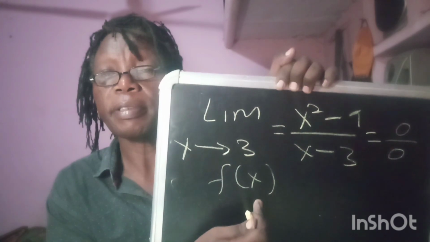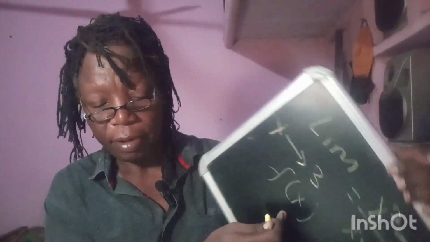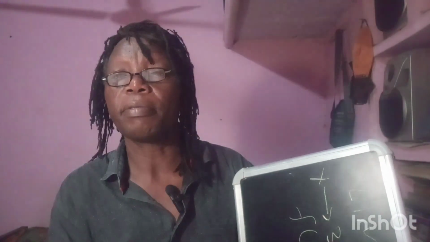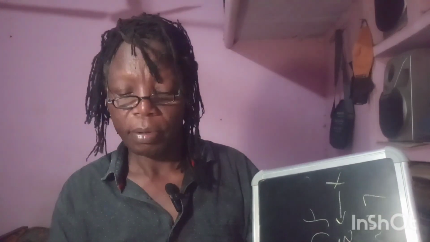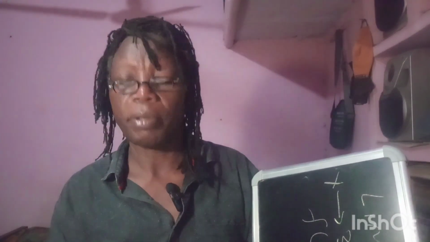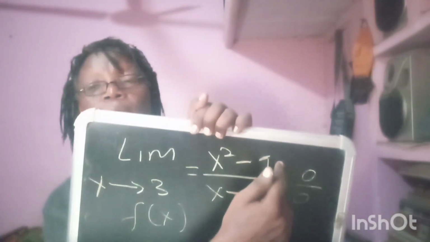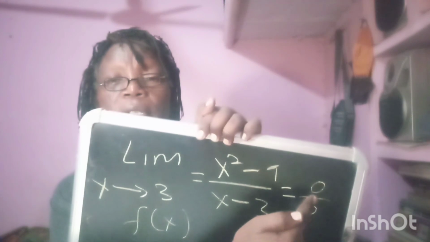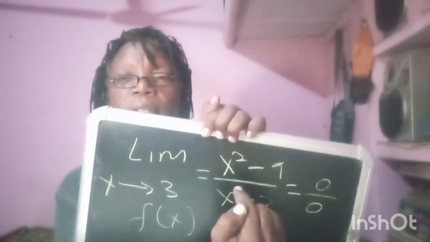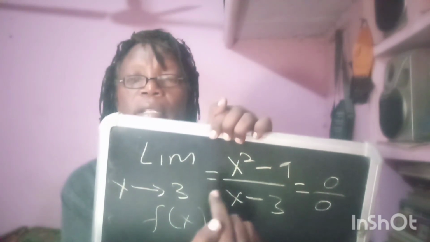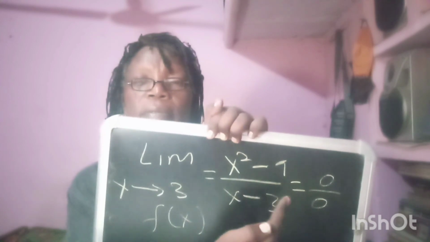So let us calculate f of x for 3.1, because if you calculate 2.9, it's going to give you a negative value. When you square it, it gives a value less than 9, and if you subtract 9, you get a negative value. So we're going to use a value slightly higher than 3, so that we get a positive value.